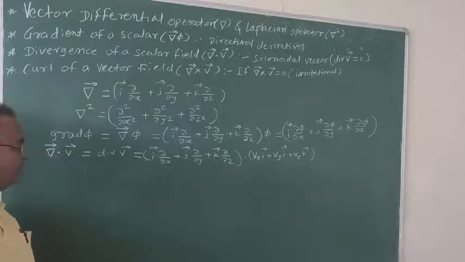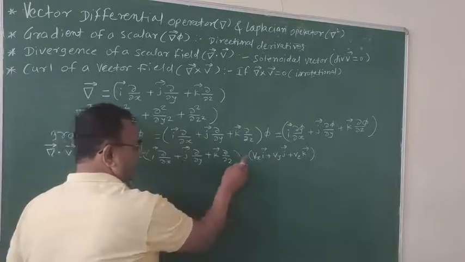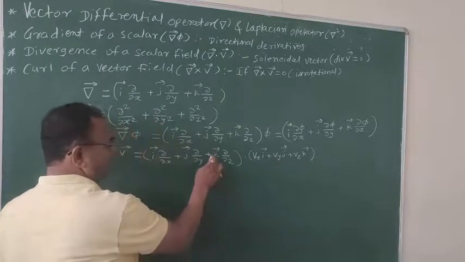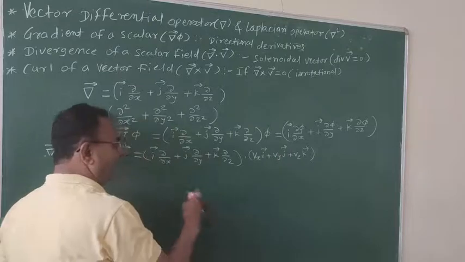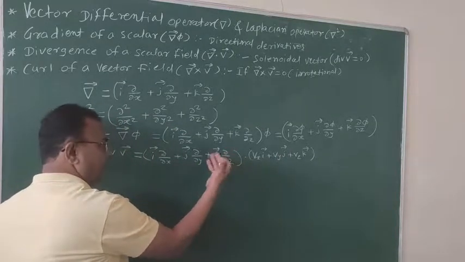Solving this mathematical operation, we know that i bar dot i bar is equal to 1, j bar dot j bar is equal to 1, k bar dot k bar is equal to 1, and the remaining ones, i bar dot j bar, j bar dot k bar, are 0, and so on.